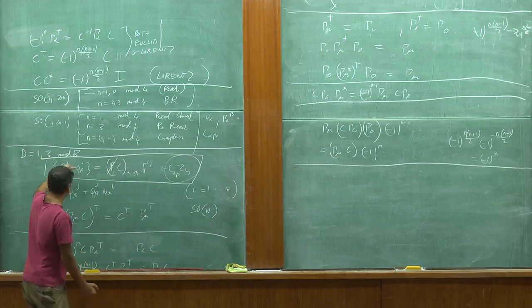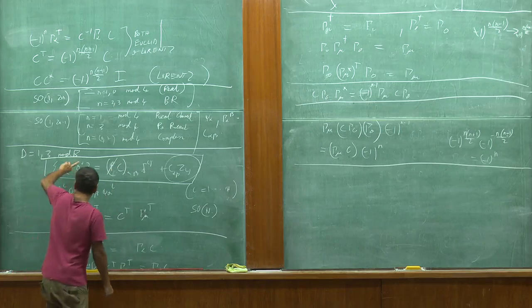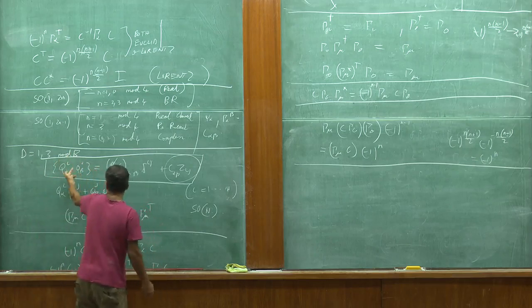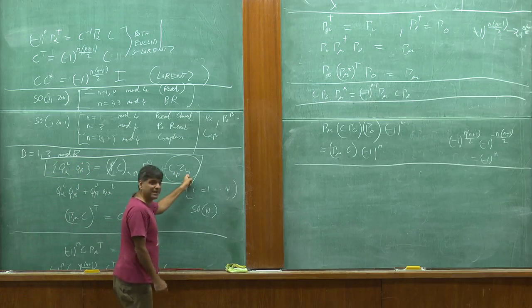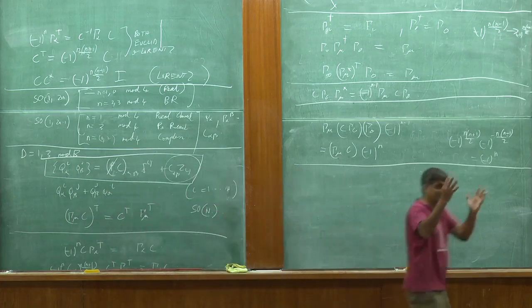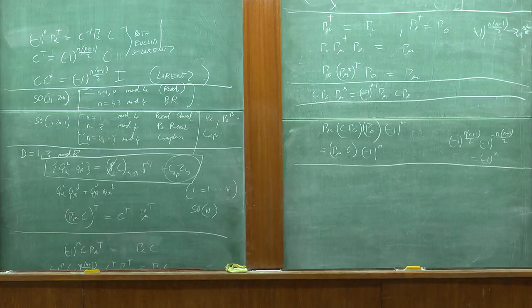It tells you, on the other hand, that in general it could be that 2 unequal supercharges square to some number, C alpha beta, times something. These additional numbers are called central charges.